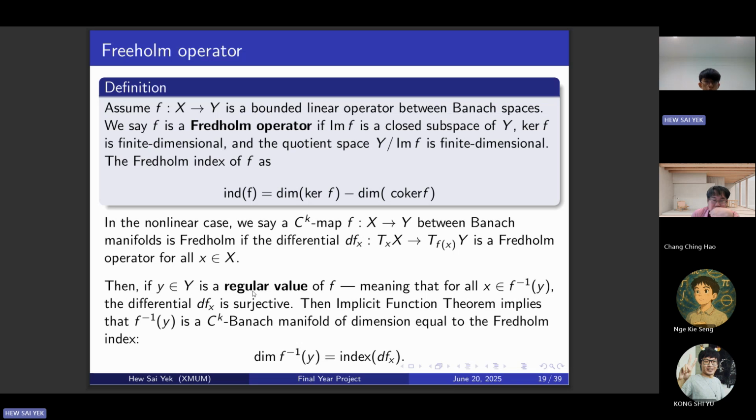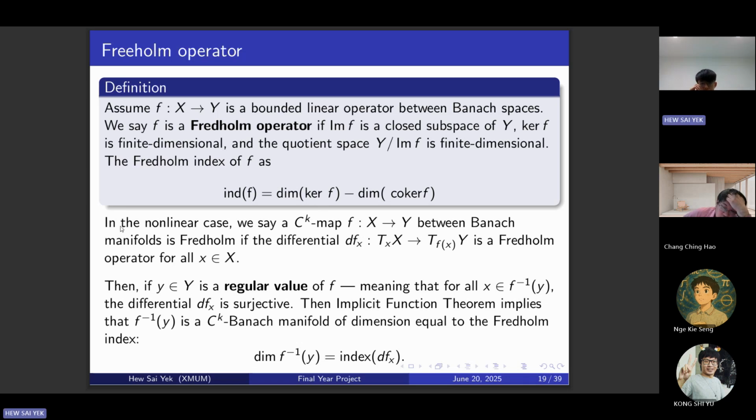Now we introduce the Fredholm operator. We say a linear operator is Fredholm if it has a closed image, the kernel is finite dimensional, and the cokernel is finite dimensional. And the Fredholm index of it is the dimension of the kernel minus the dimension of the cokernel.